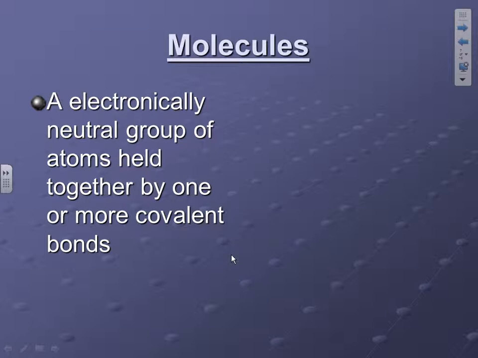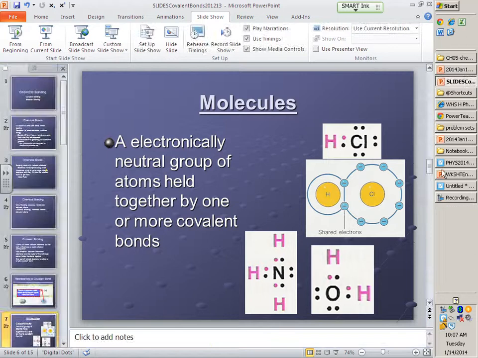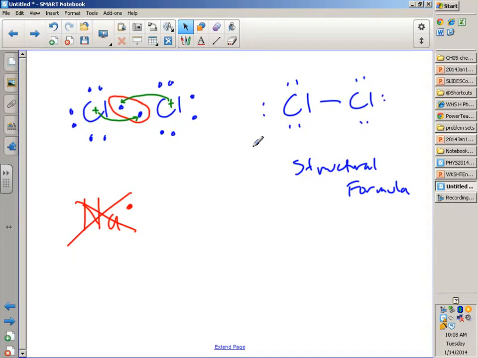Two, held together by covalent bonds. NaCl is not a molecule because it's got an ionic bond. It is electronically neutral, but it's not a covalent bond. Okay? So, what we just drew here is a molecule.